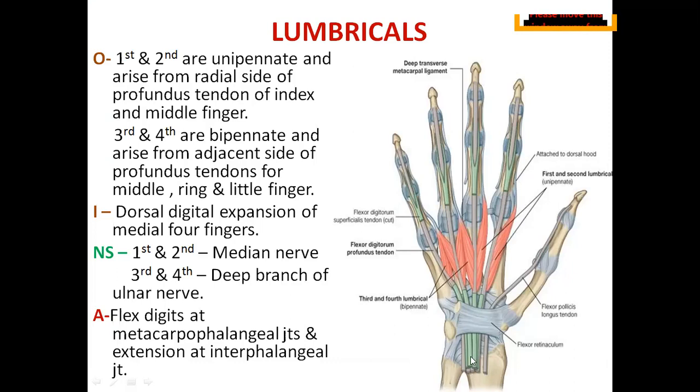The profundus has been shown in grey color for our easy understanding. The green colored tendons shown here are for flexor digitorum superficialis. Below superficialis, you have flexor digitorum profundus. Review the lecture on flexor muscles in the forearm again. It becomes easy for you to learn the insertion of these muscles.